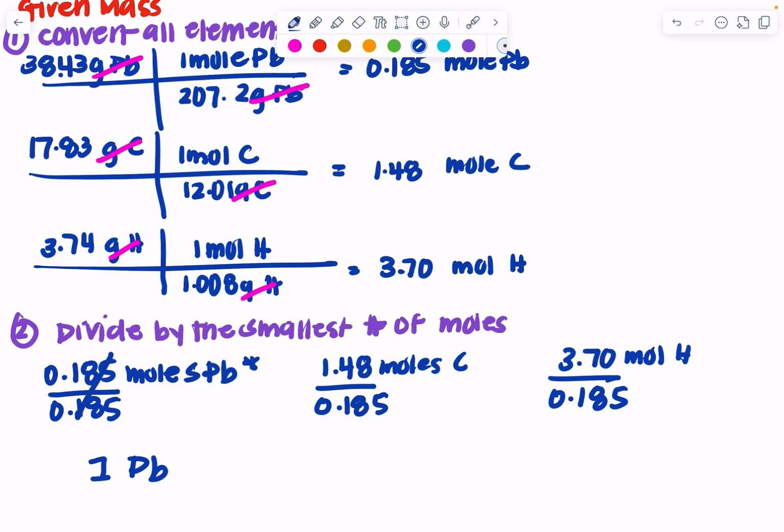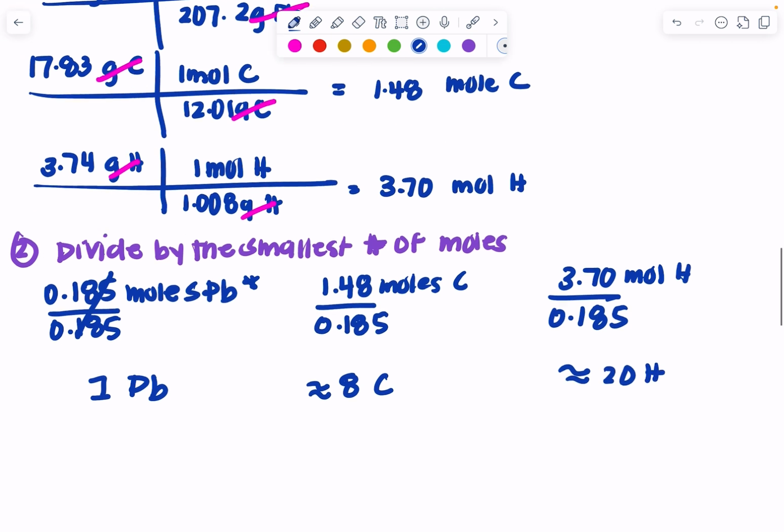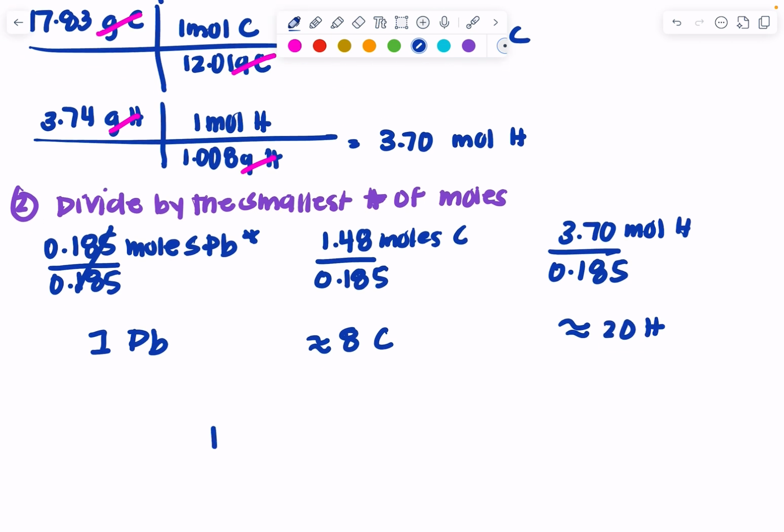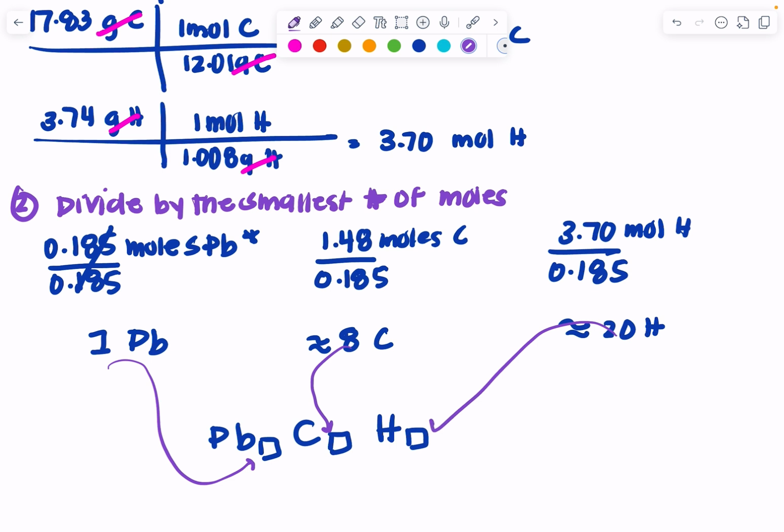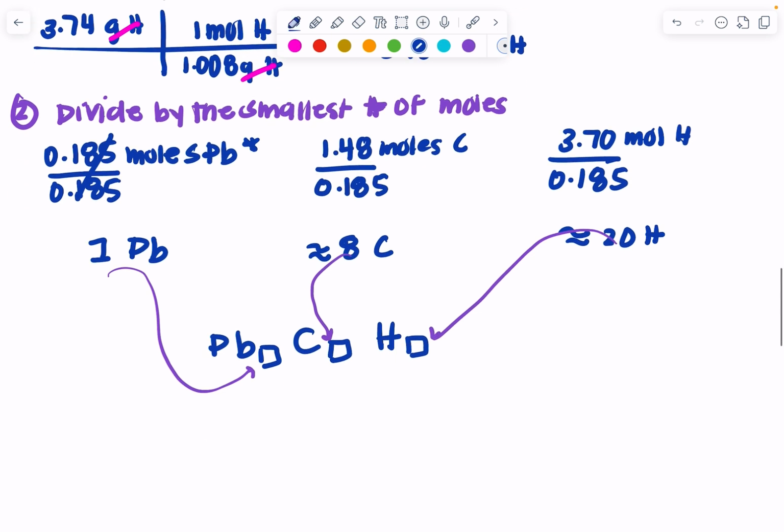If we do it for carbon, that's really close to 8, like super close. And this is really close to 20. Now we can set up our formula, PbCH, and all we have to do is put those values in their appropriate boxes.